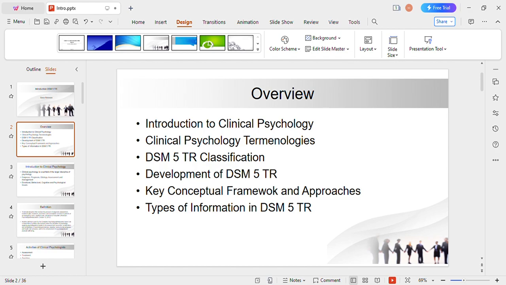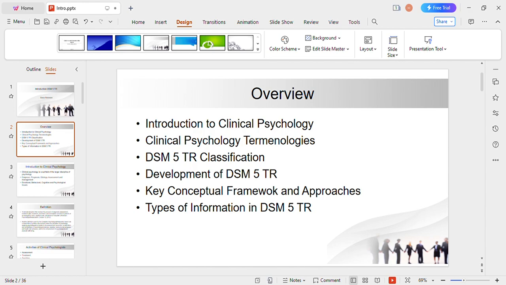Apart from clinical psychology and terminology, we shall focus specifically on DSM-5-TR: the major classification, the development of DSM-5-TR, and the key conceptual framework and approaches. Furthermore, we shall be focusing on the types of information in DSM-5-TR.